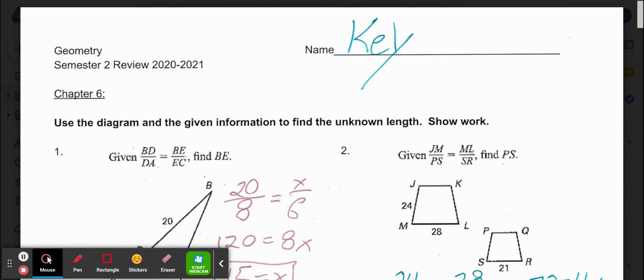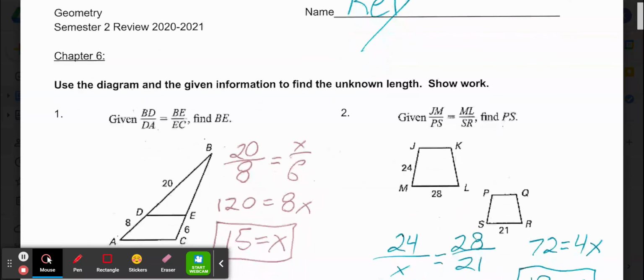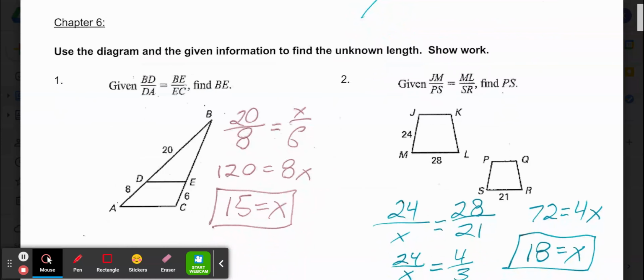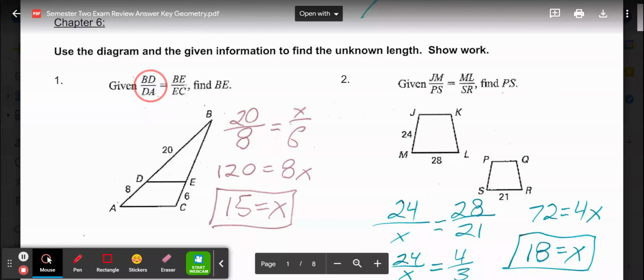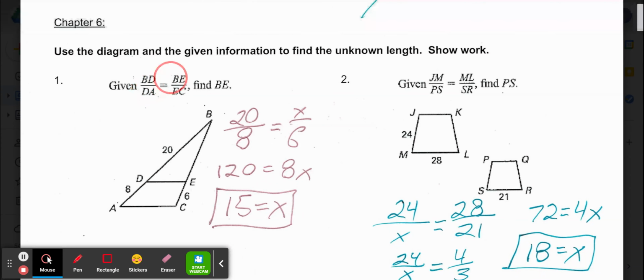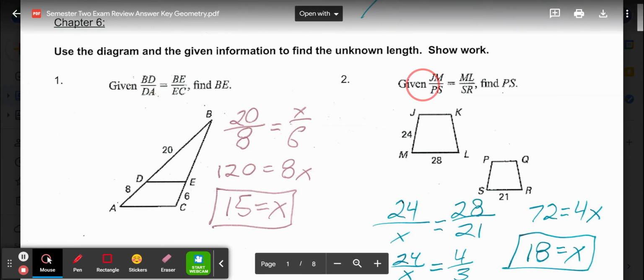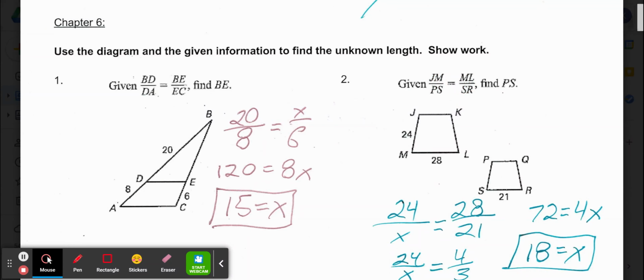So right away, let's look at Chapter 6 and using the diagram and the given information to find the unknown length. In both problems 1 and 2, they give us the given proportions. So you simply have to look at the images and take the side lengths.